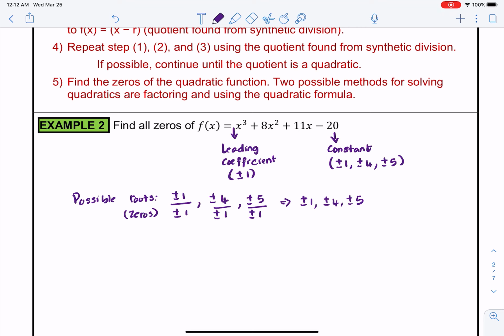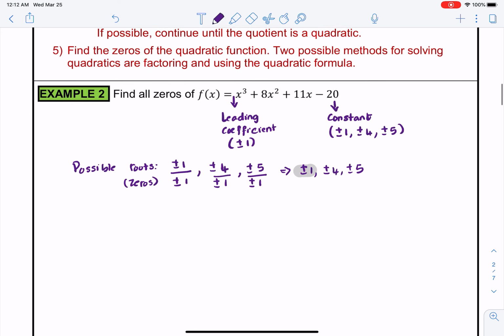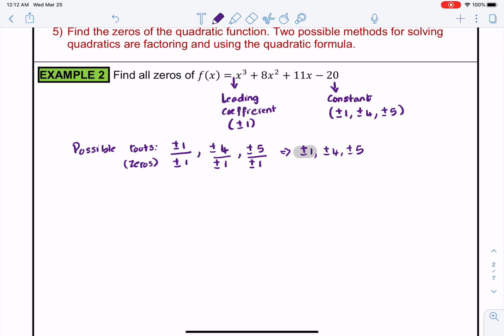So we should always start simple. The simplest one is plus or minus 1. So let us test. If we plug in one of the possible zeros, the function has to become 0, and if it becomes 0, then it is an actual zero.